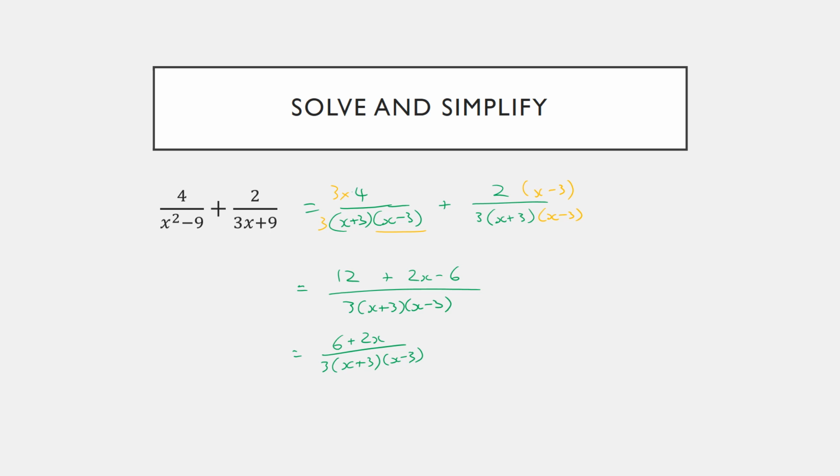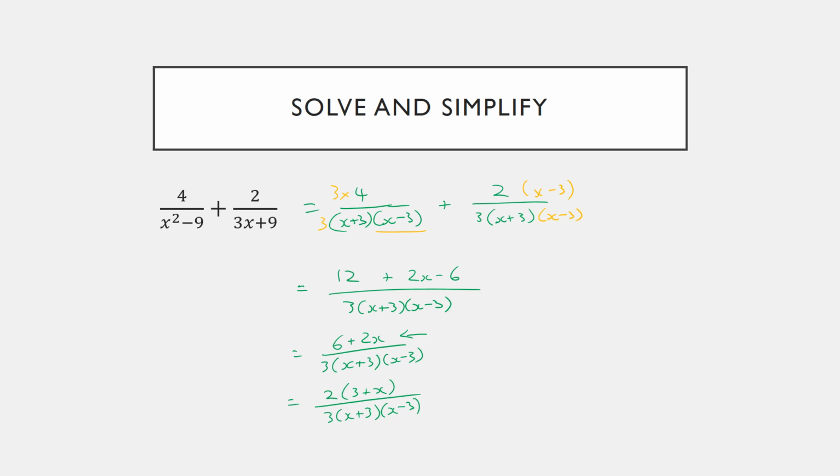Now, we need to be careful, that's not as factorized as it could go, or as simplified as it could go. With this part here, we can now factorize out our highest common factor. So we're going to take our 2 out. We're going to have 2 lots of (3 plus x) over 3(x plus 3)(x minus 3).